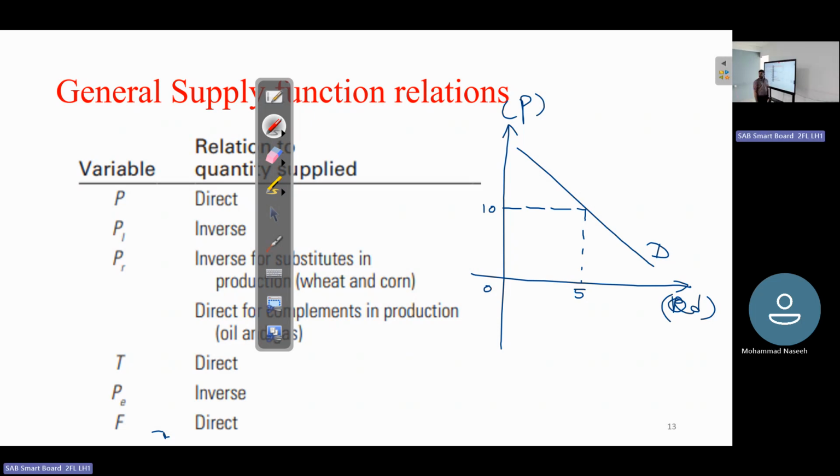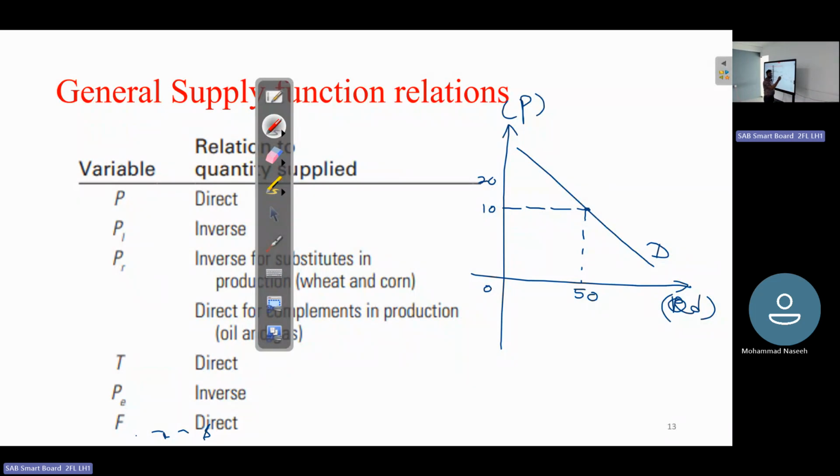Now, what is the quantity demanded of the product? Consumer income is not going to be changed.